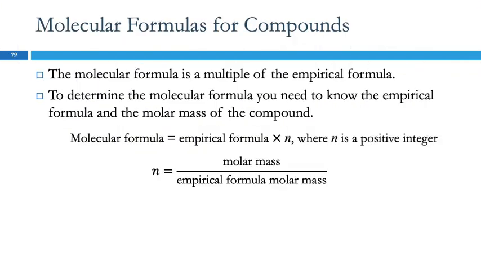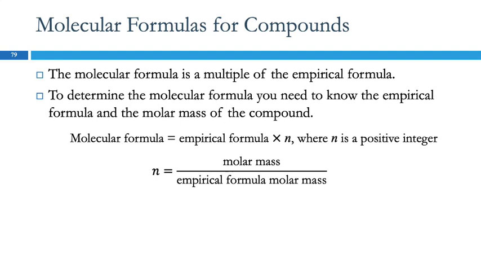How do we find the molecular formula? The molecular formula is going to be some multiple of the empirical formula. Sometimes that multiple is 1 and they are the same thing. In order to find the molecular formula, we need one more piece of information. We need the molar mass of the compound. In problems, that has to be given to you.